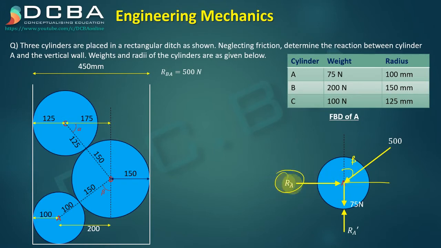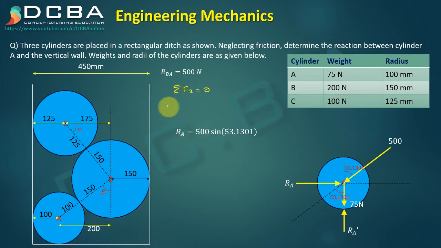If I apply summation Fx equals to 0, it will be RA minus 500 sine of beta is equal to 0, so RA will be equal to 400 newtons. So you see that we get RA like this also. So using both the methods you can find RA, and this is how we solve this numerical.